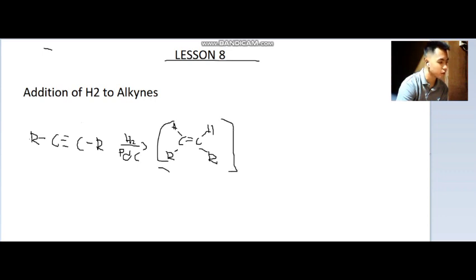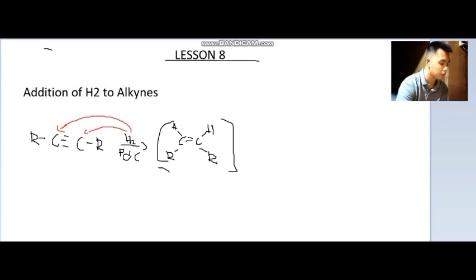So what happens is that the two hydrogens bonded with these two carbons, meaning that they now have two bonds, which means that they no longer have a triple bond, and the triple bond becomes a double bond.